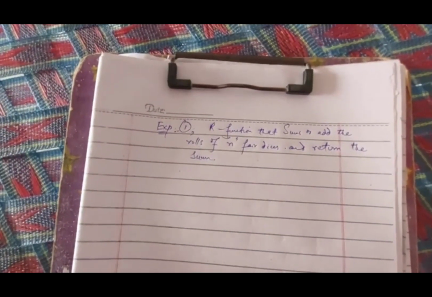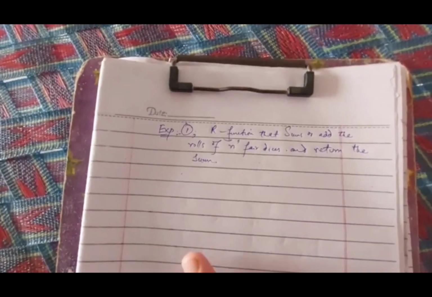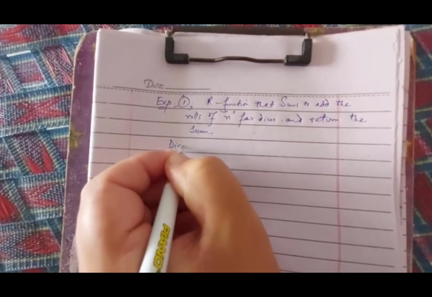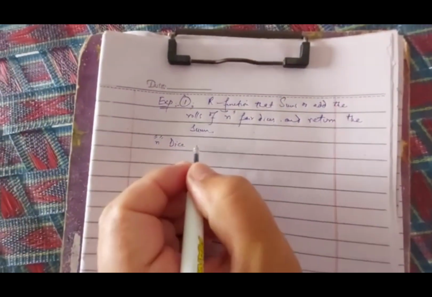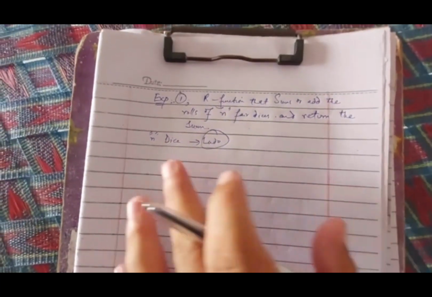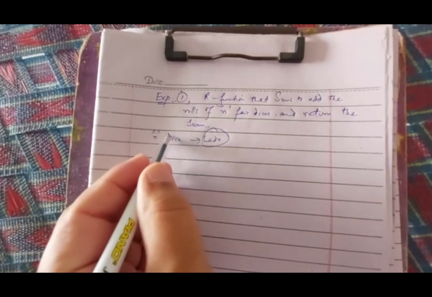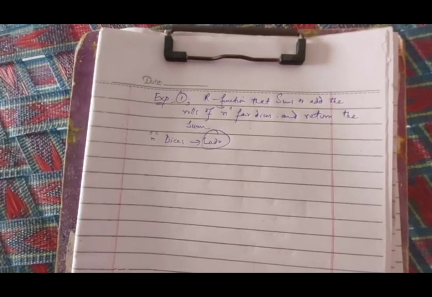Now to explain the question in simple layman terms, it means that we have a dice, and we have n number of dice, like in Ludo. Those n dice are rolled.